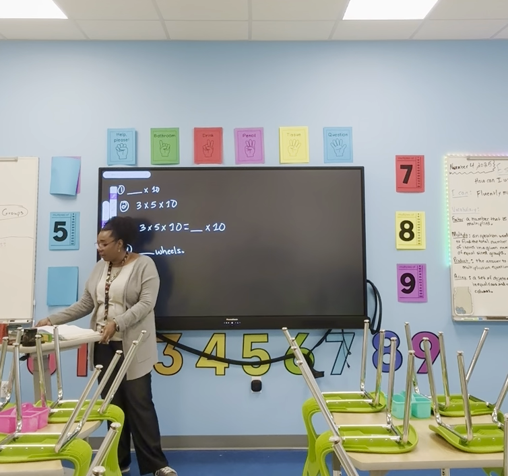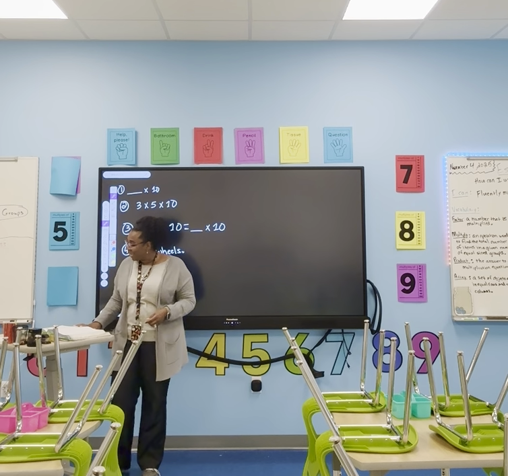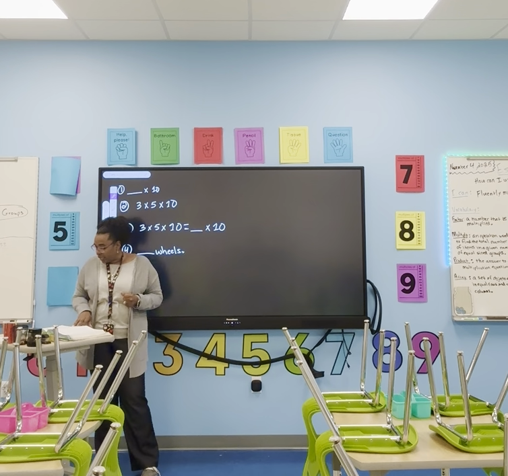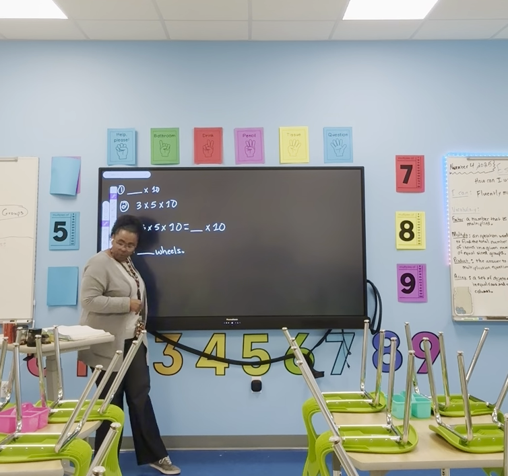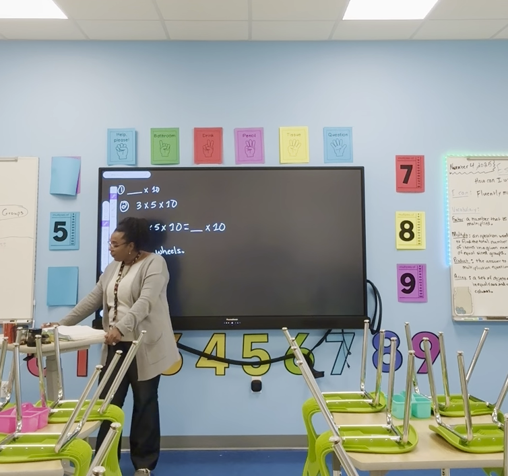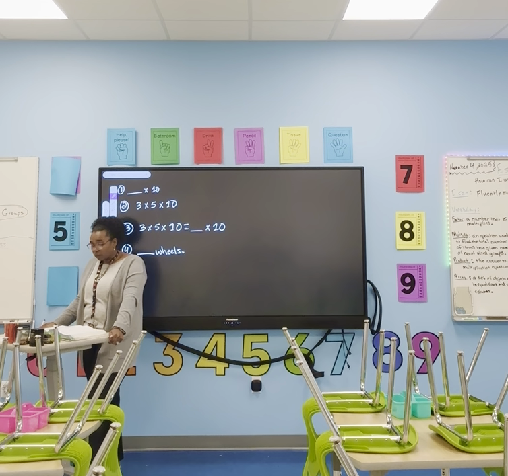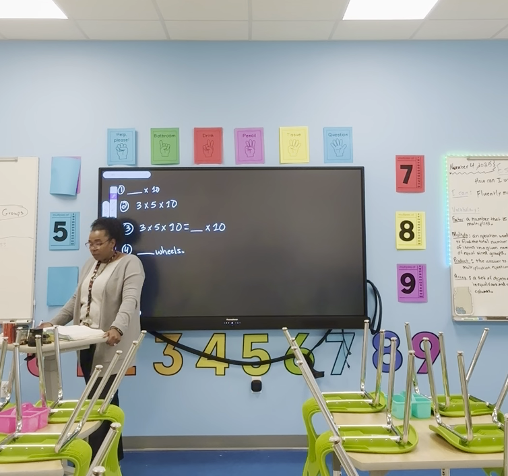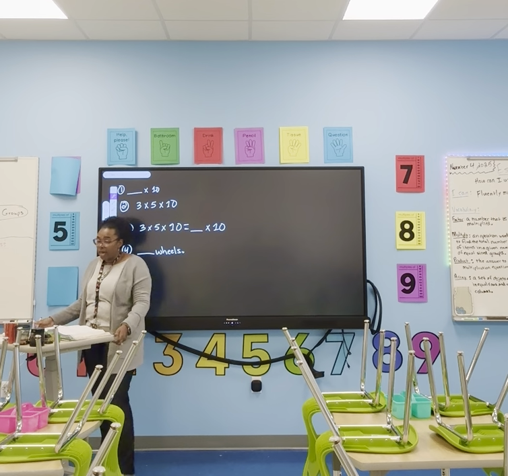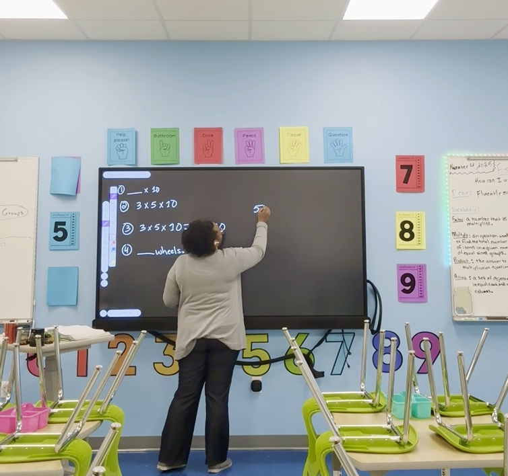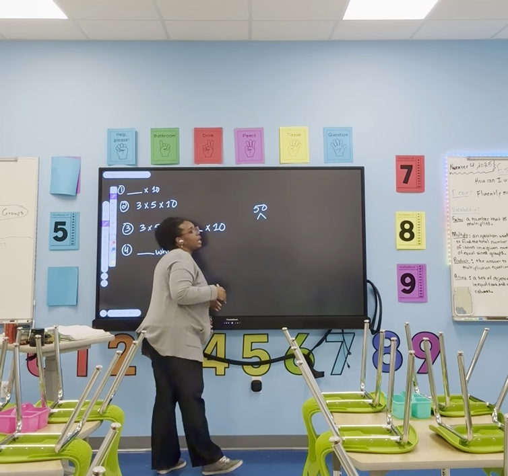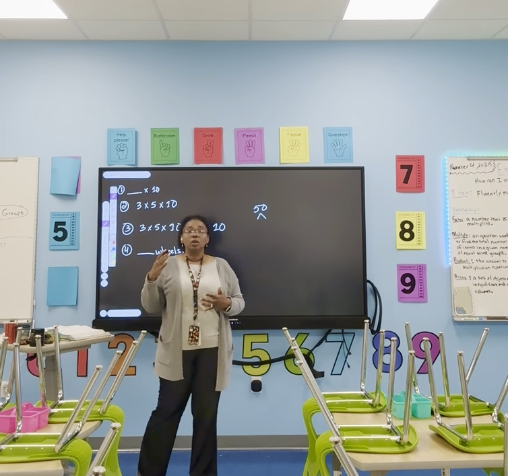So homework today was on page 219. And it says the hobby store has 3 boxes of wheels. There are 50 wheels in each box. How many wheels does the hobby store have? So number 1 says you can write 50 as, so they want us to take 50 and break it up into, because we're using our base 10 blocks, tens.